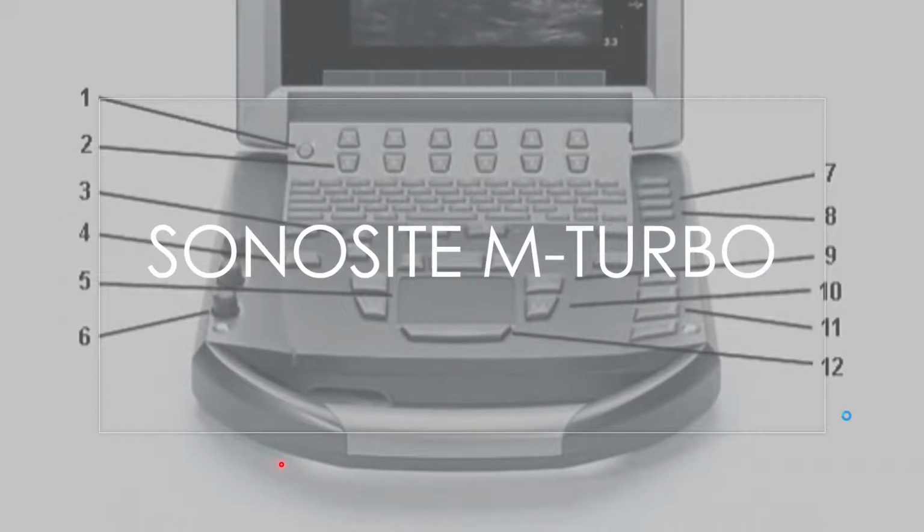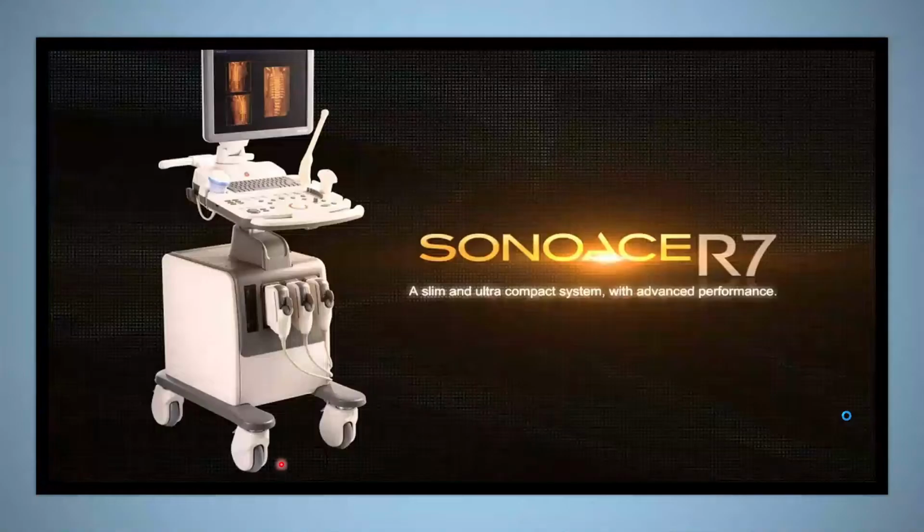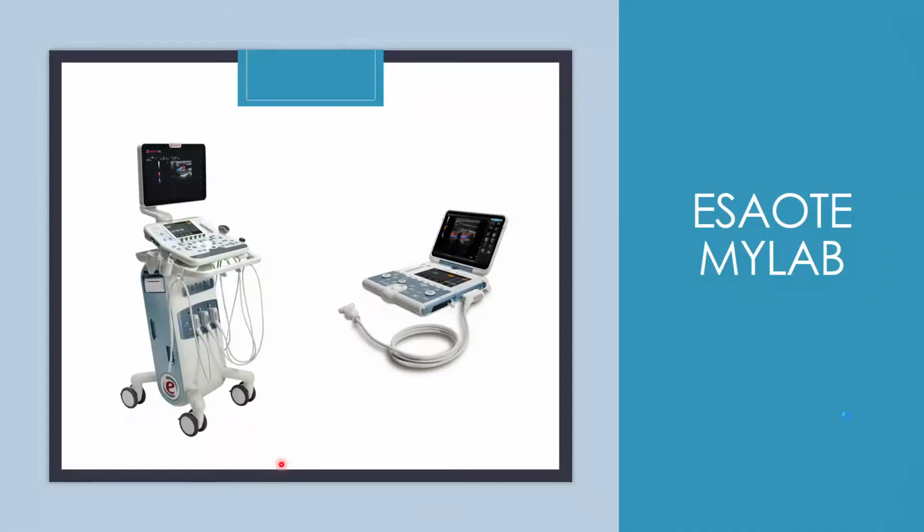Okay, now again, depending on where you're at, you may use a Sonosite. I know some of the facilities may use a Sono Ace R7. There's Samsung, there's GE, there's Philips, there's Esaote MyLabs.